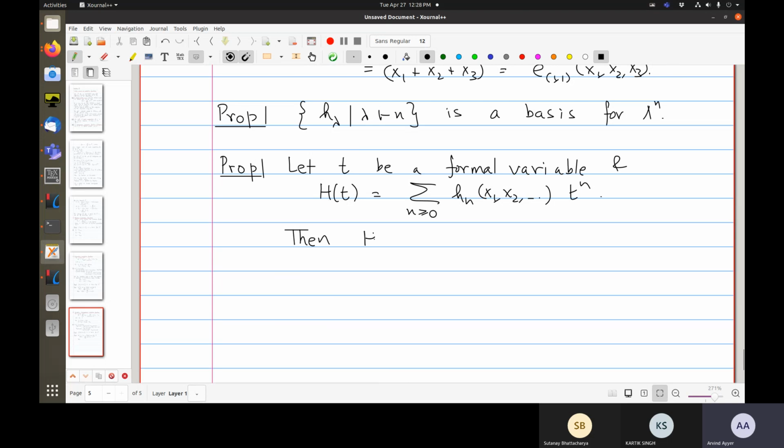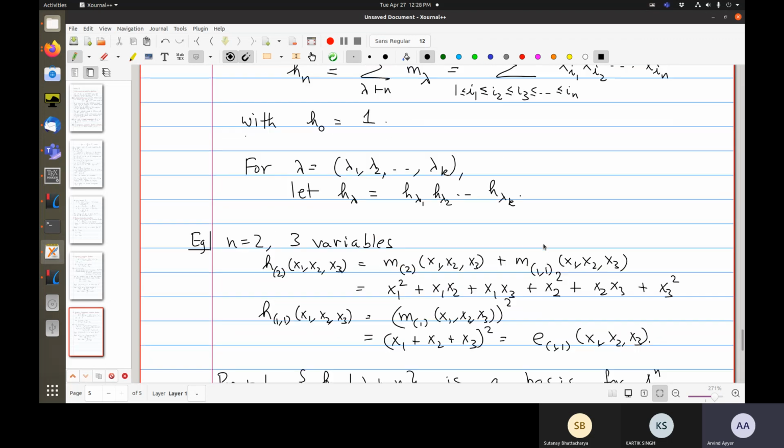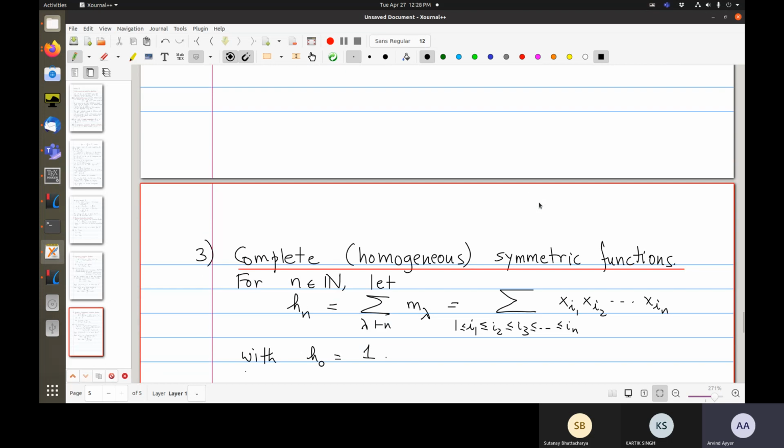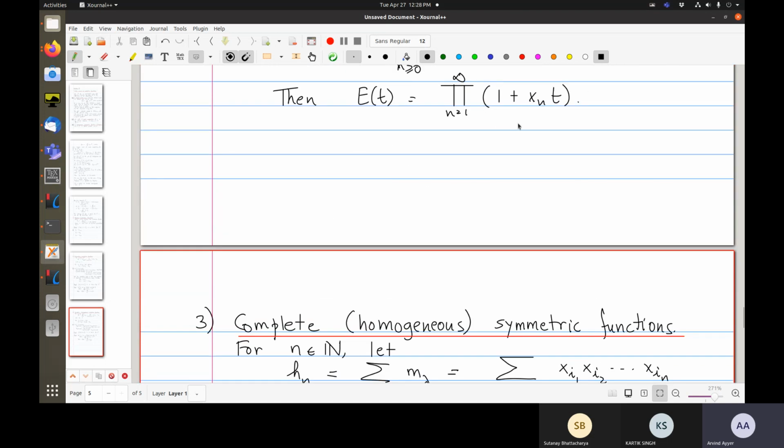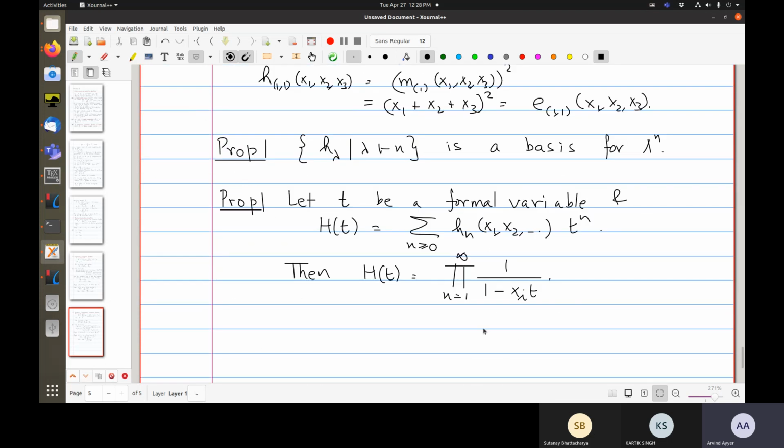Then H of t is the product over n equals 1 to infinity of 1 over 1 minus x_n t. So here it is 1 plus x_n t in the numerator for E, and this is 1 over 1 minus x_n t.